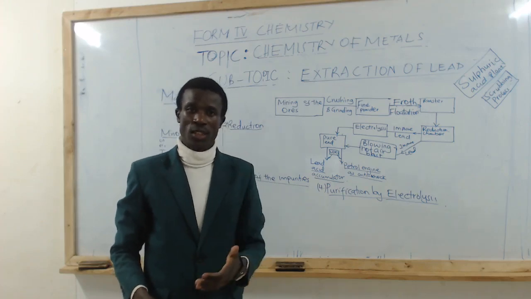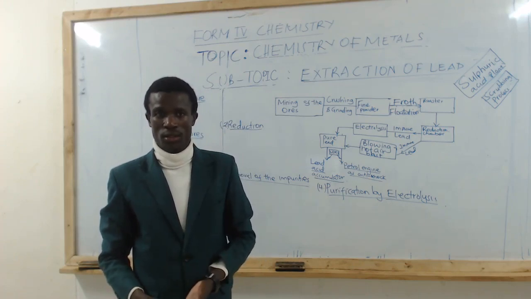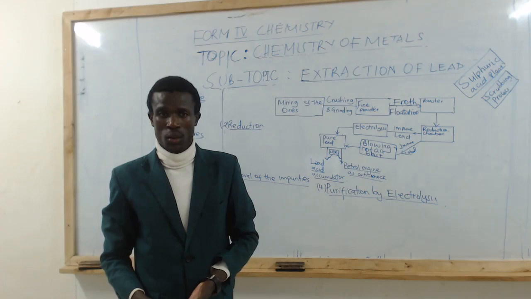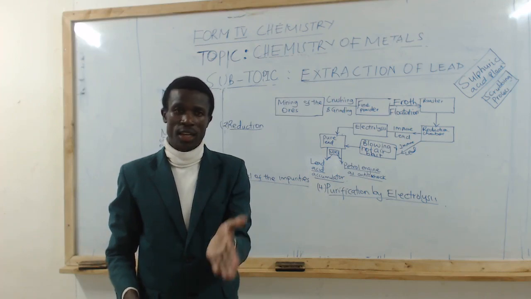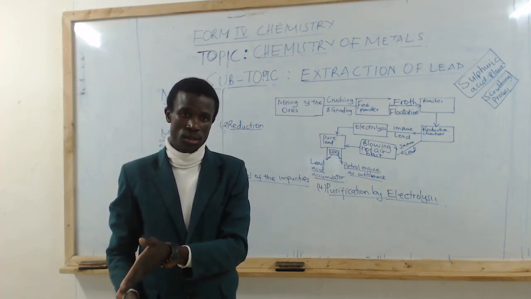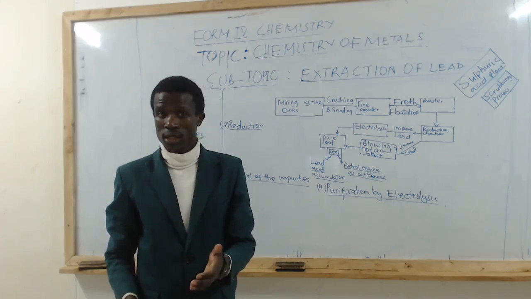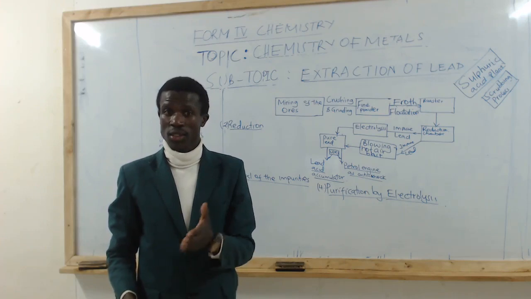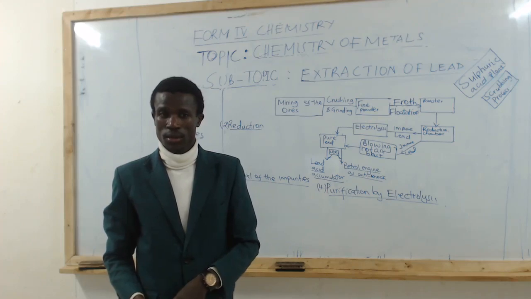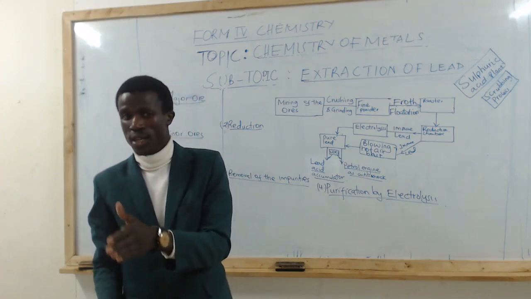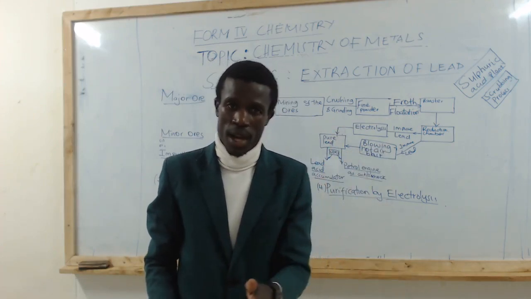In our previous lesson, we did the introduction of chemistry of metals. We looked at three major aspects. Number one, I gave the general importance of metals, using typical examples. And again, I said that metals exist naturally underground, in either uncombined forms or combined forms.